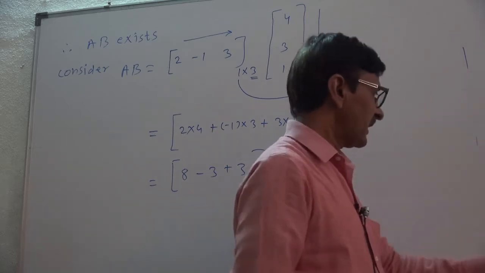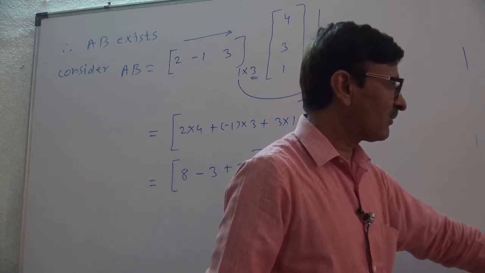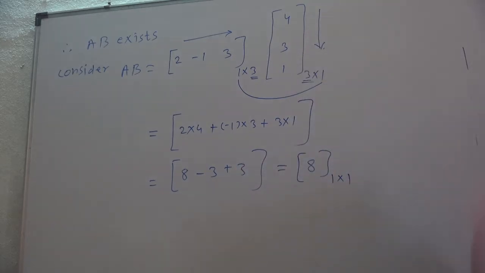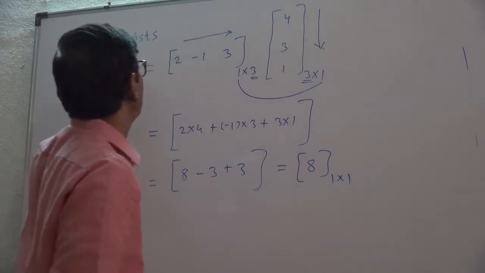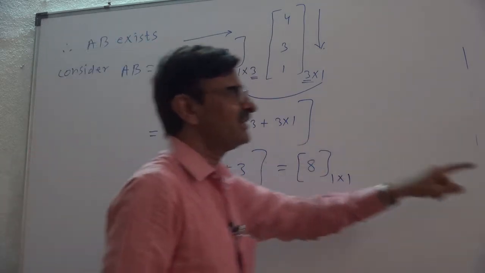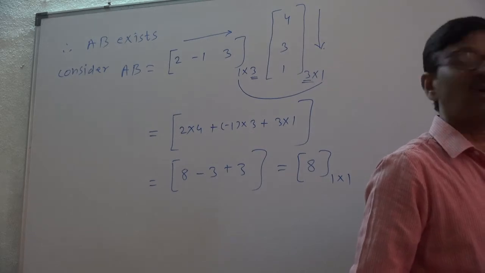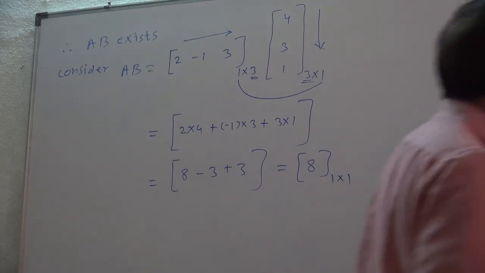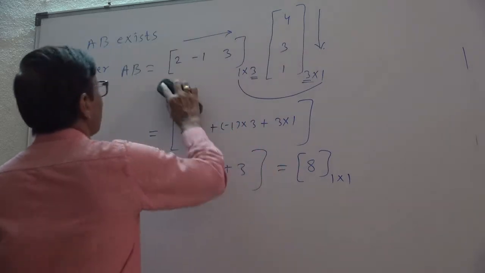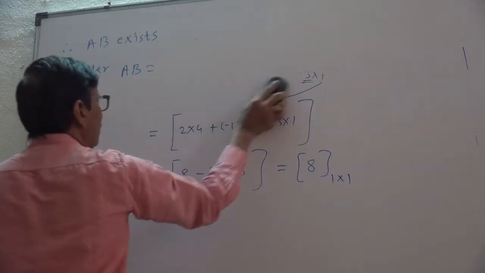So here number of columns in A, that is 3. Number of rows in B, that is 3. Hence the product AB is existing. Condition for multiplication is satisfied, and the obtained matrix is having order 3 by 3. Now let us calculate product AB.